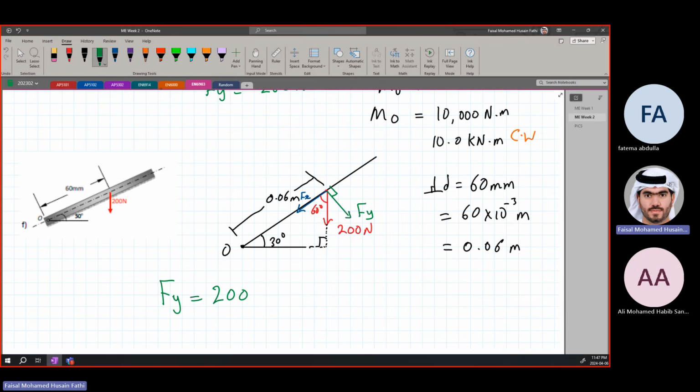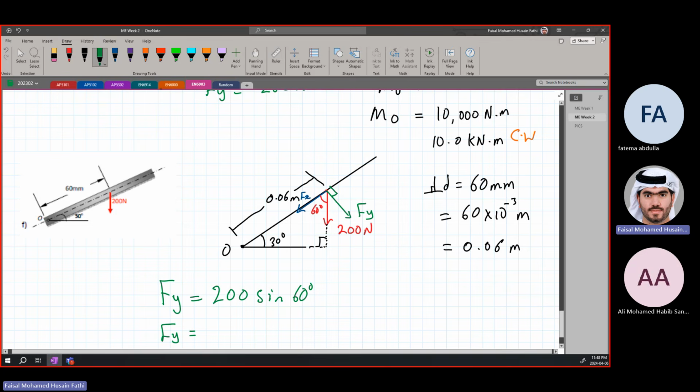It's 60 degrees and it is opposite, so it's going to be sine of 60 degrees, because it's not adjacent to the direction of this force. It's not stuck to it. So Fy is equal to 200 sine 60, which is approximately 173 newtons.